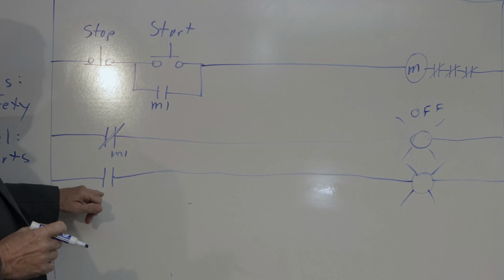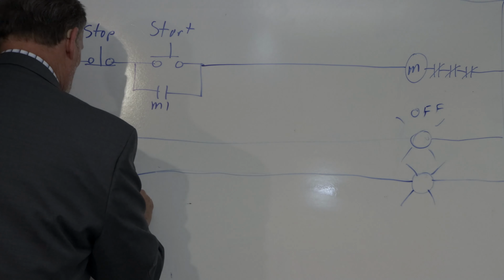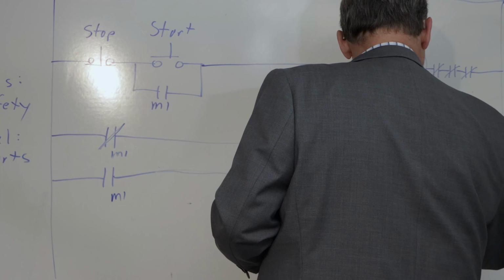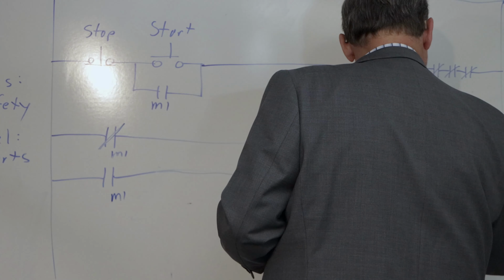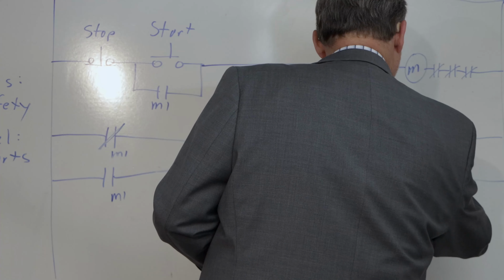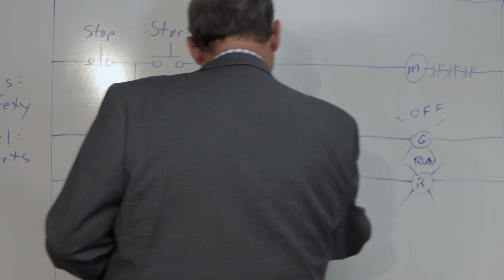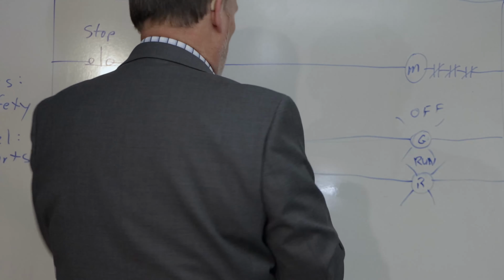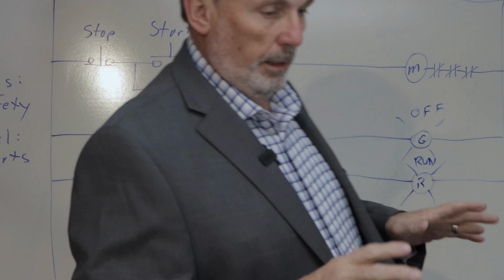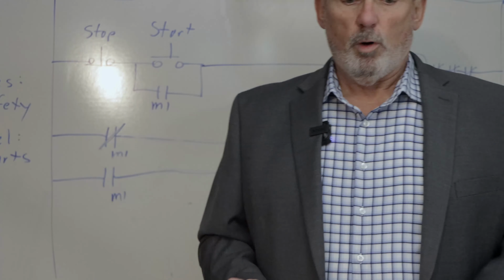Conversely, this, also an M1 contact, would be my run light. Run light could be red, and the off light could be green. And the reason we have the run light as red is to tell people, keep back, be careful, the motor is running.